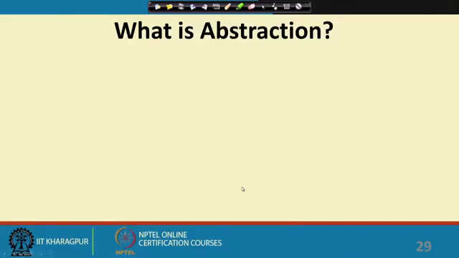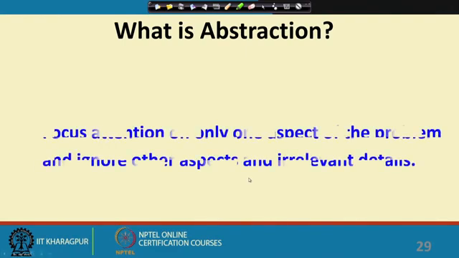These two techniques are used in almost every software engineering principle. Let us look at these two techniques. One is abstraction. Let us see what is meant by abstraction.